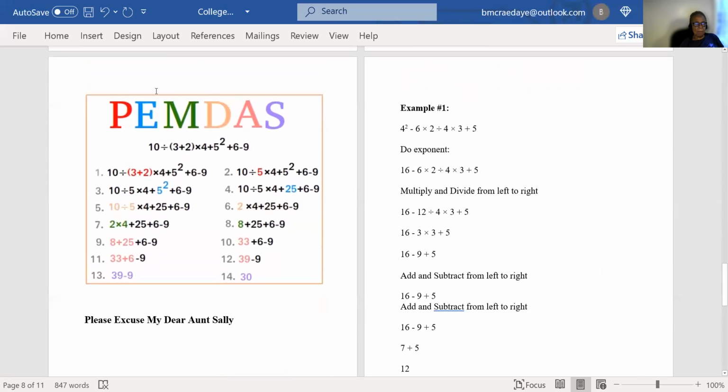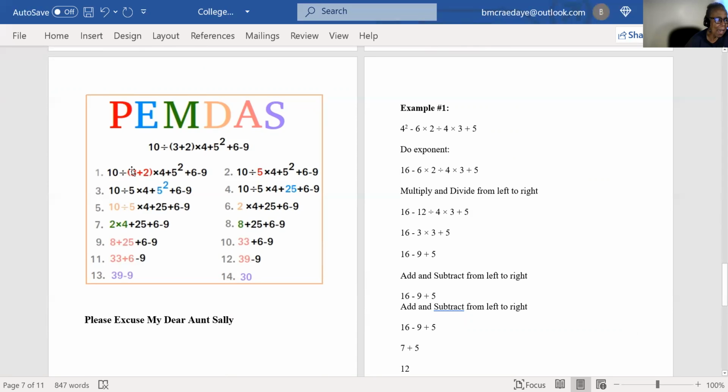Now I have a nice little color chart here for PEMDAS. Let's go through that, because if you understand this, it will help you in your problem solving. So look what we have here. We have 10 divided by, in parentheses, 3 plus 2, times 4 plus 5 to the 2nd power plus 6 minus 9. Now, according to PEMDAS, which one do we do first? The parentheses.